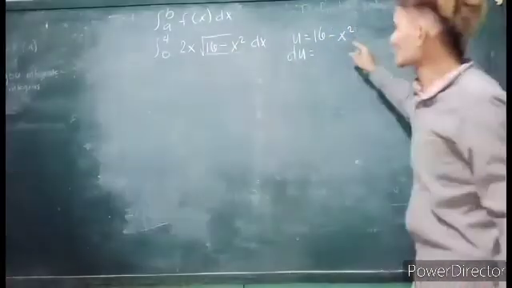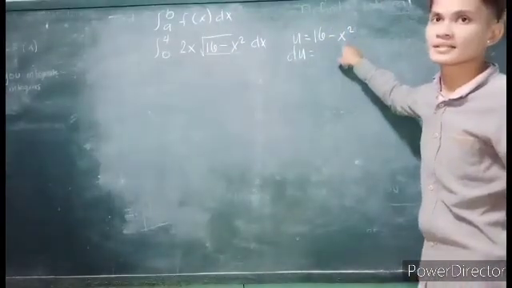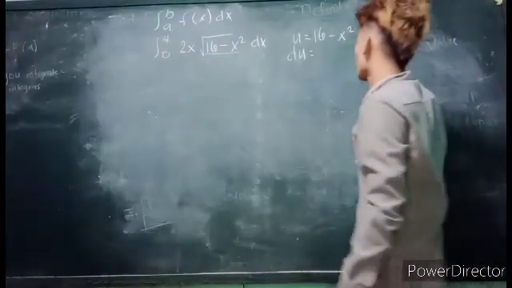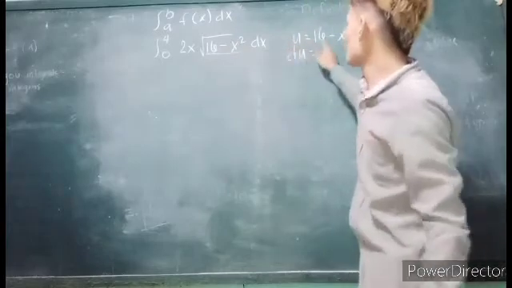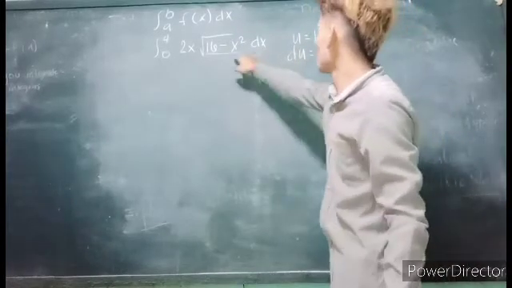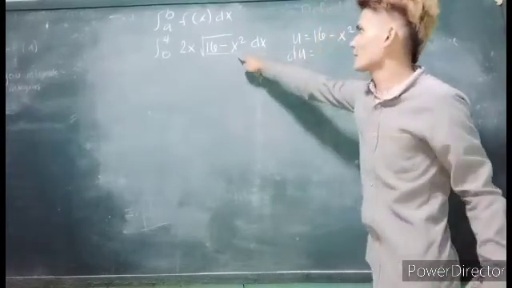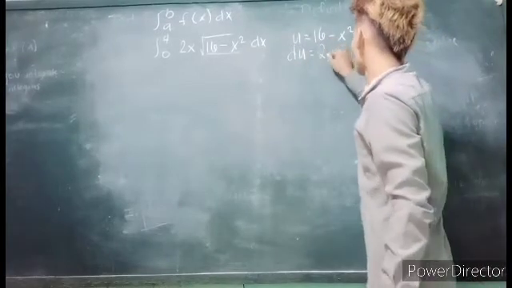The derivative of x squared is 2x. Okay, so our u is 16 minus x squared. Then our du is, the derivative of x squared is 2x.